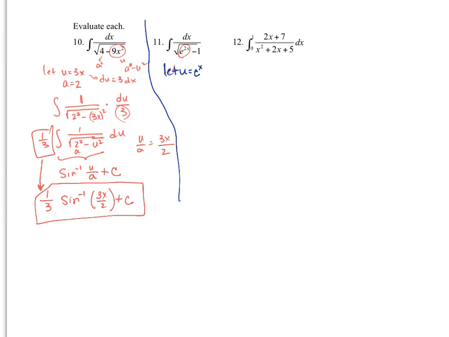Here's why. When our formulas, we have x squared. Notice here I let u equal 3x, because when I square it, I'll get the 9x squared. Here, I'm just going to say e to the x, because when I square it, I will get e to the 2x. And why am I doing that?